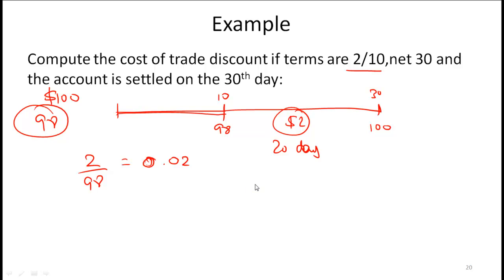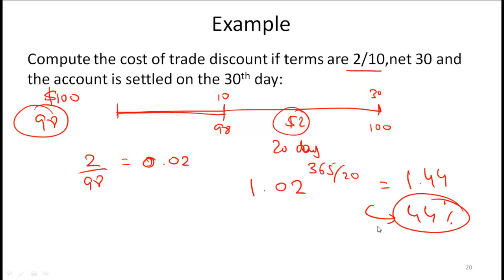The way you annualize, and I hope you remember this from quant, is to say you have 1.02 raised to the power of 365 divided by 20. So this gives you 1.44 approximately. So what that means is that on an annualized basis, $1 becomes 1.44. So this is 44%.